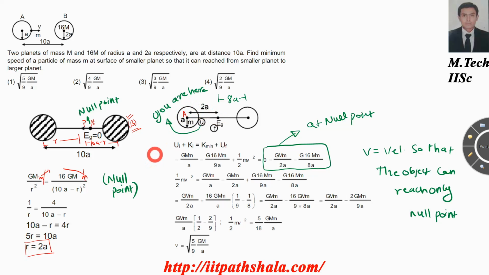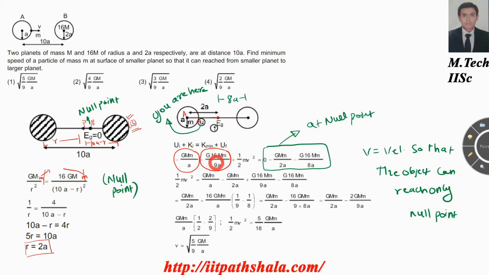Now I'm throwing my particle with a velocity v. At the null point, I can balance the energy between the initial point and the null point. At the initial point, there is the gravitational potential energy due to my planet A and my particle, and the gravitational potential energy due to my planet B and the particle.